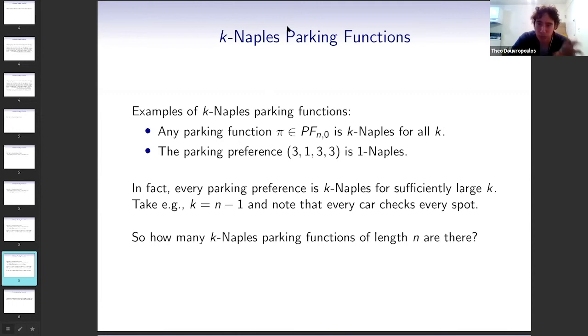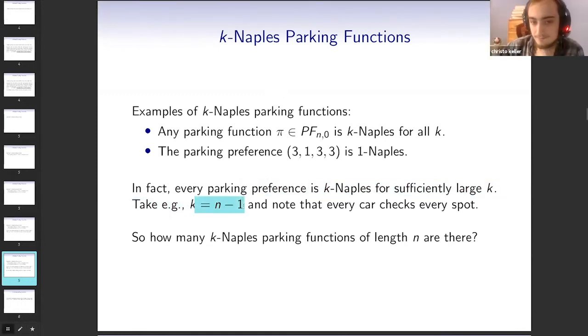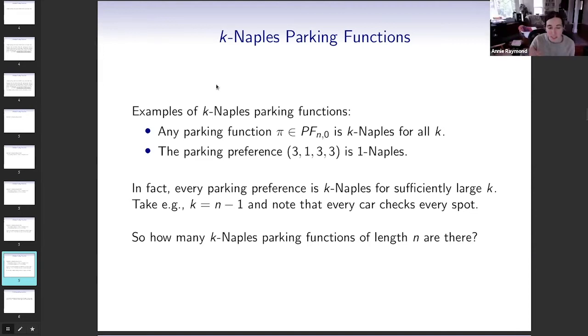So if there is one open, you're going to sit there. Is that the idea? For k equals n minus 1. Is that what you mean? For k being larger than your preference. I mean, if you did it cyclically, you would get a different parking in the end, so it might actually change it.